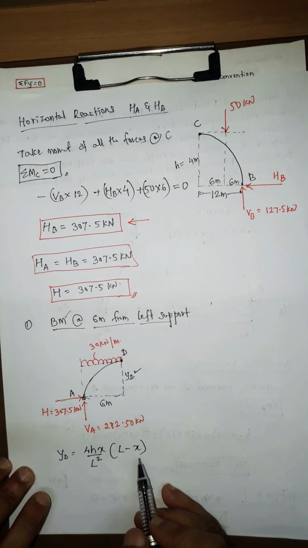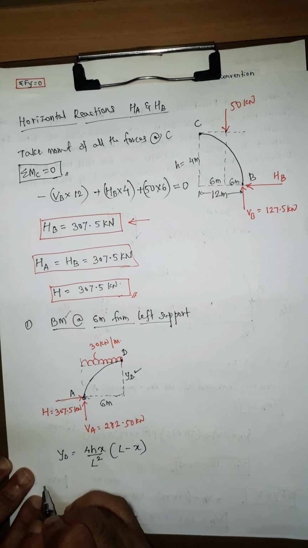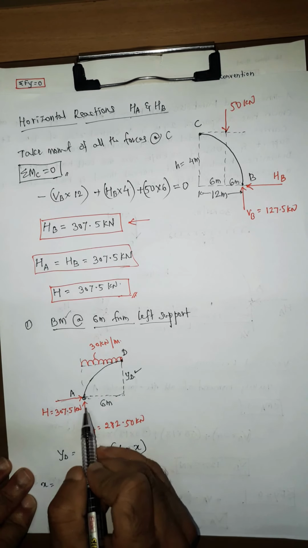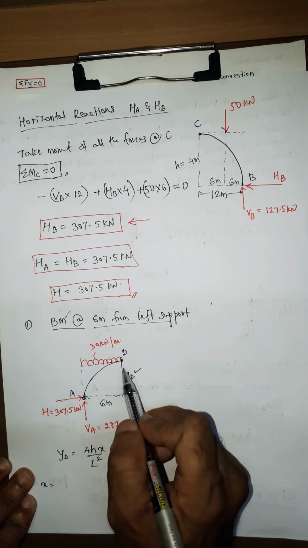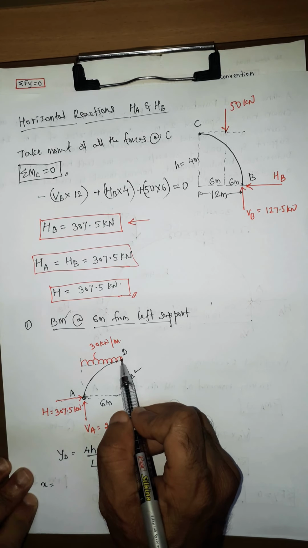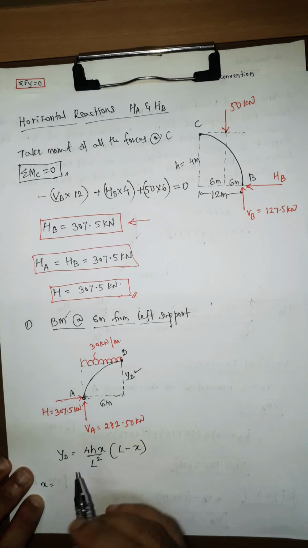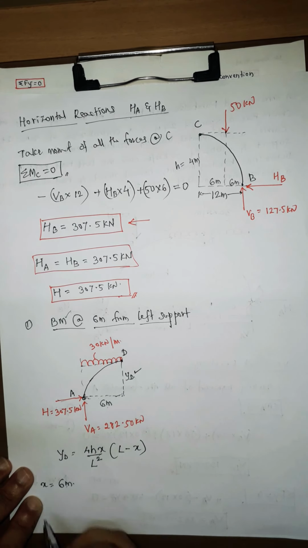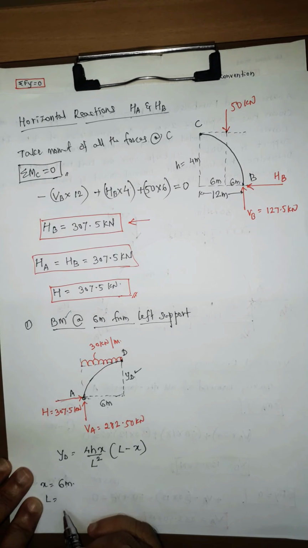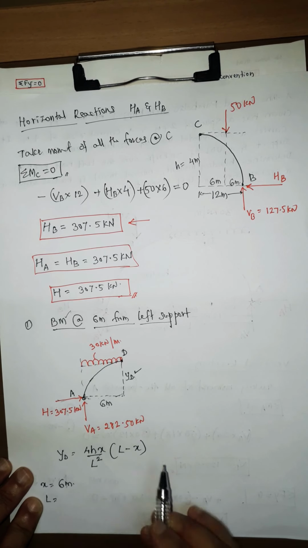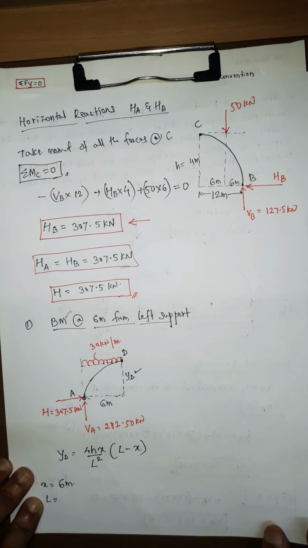Now here, what is X? We are finding the bending moment at D, which is at a distance of 6 meter. So X is equal to 6 meter. Total span of the arch is 24 meter.